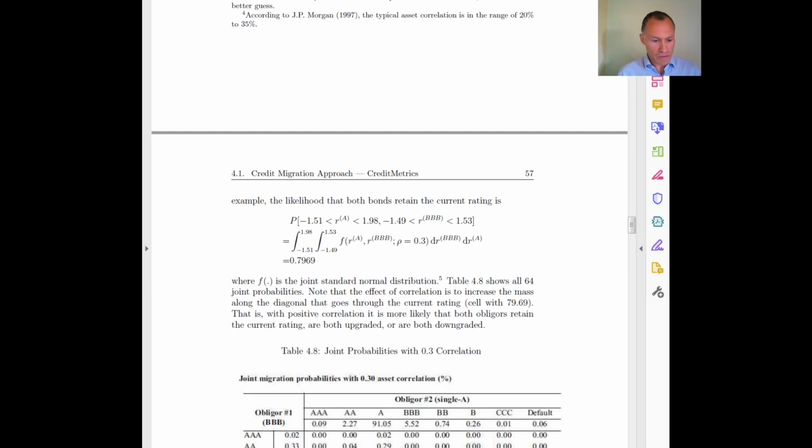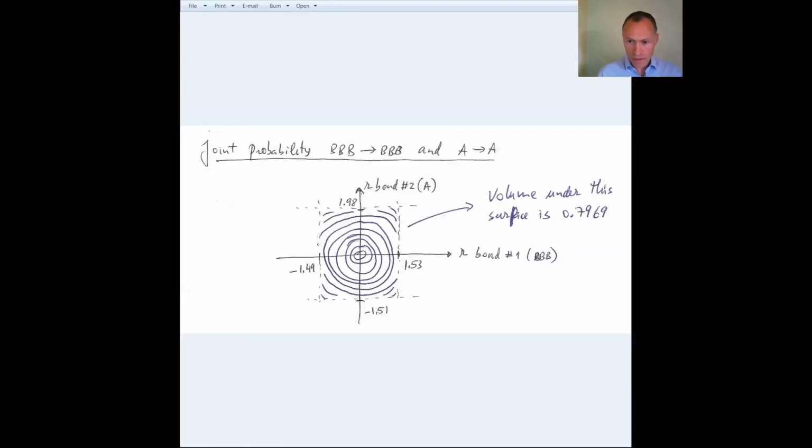So more intuitively, what we are doing here is this. Here you can see what I'm plotting is the standardized return on bond A, okay, which was the triple B bond. And on the vertical axis is the standardized return for bond 2, which was the single A bond, right?